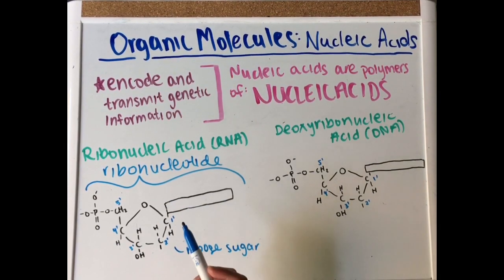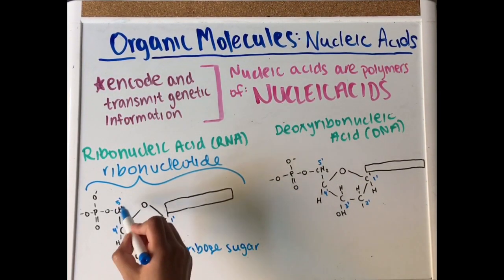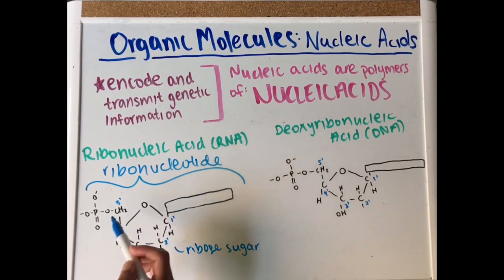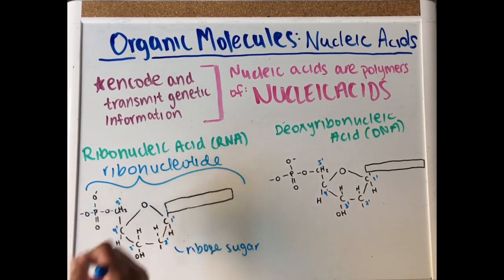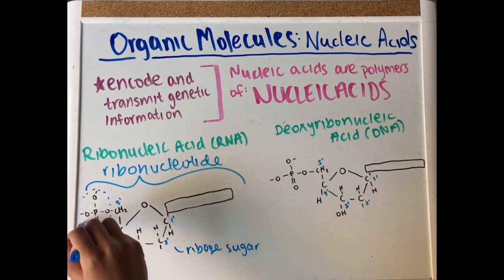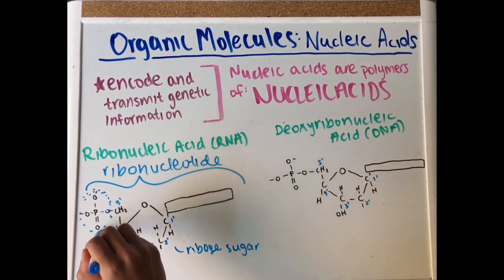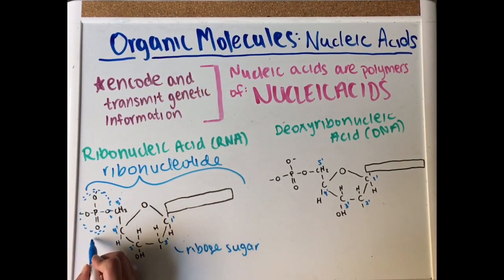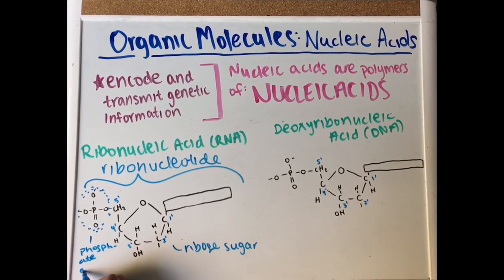And the CH2 is attached to an oxygen, which is part of the phosphate group, and that is this dotted part right here. This is what we call the phosphate group.